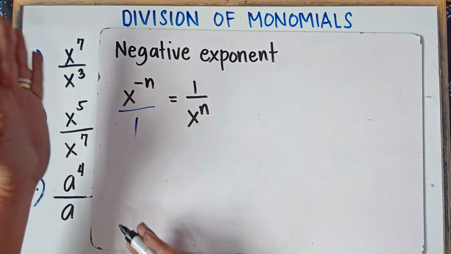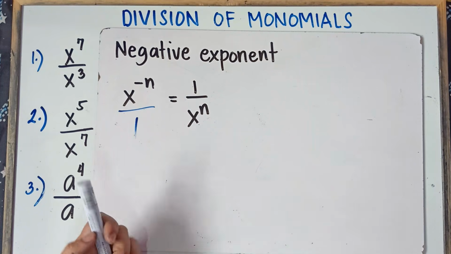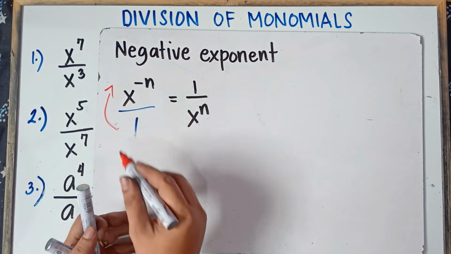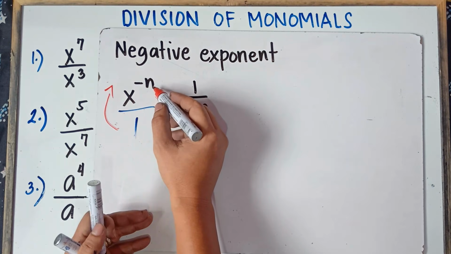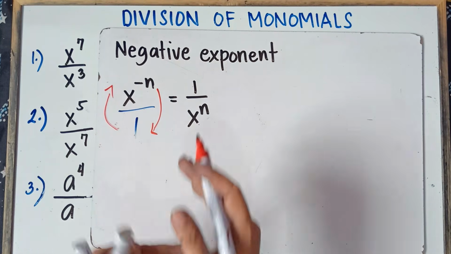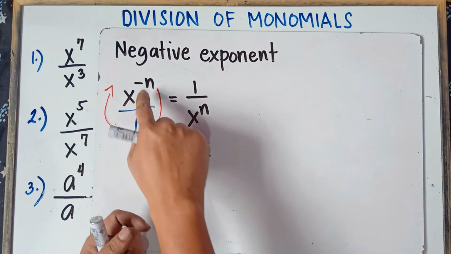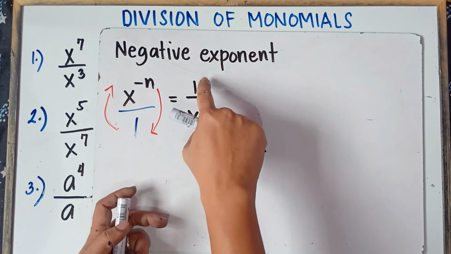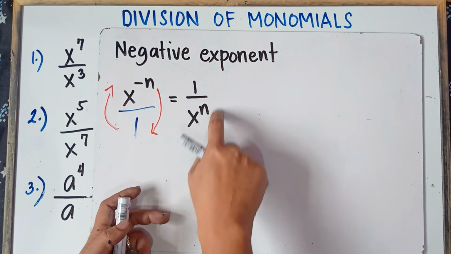Just simply get the reciprocal. Make this 1 your numerator, and make this x raised to the power of negative n your denominator. Simply flip this one, class. Get the reciprocal, and then this exponent will become positive. So that would be 1 over x raised to the power of n.